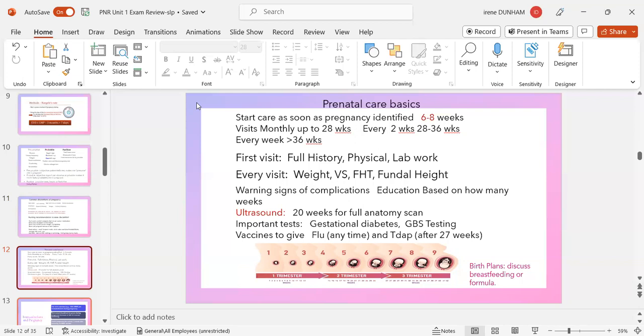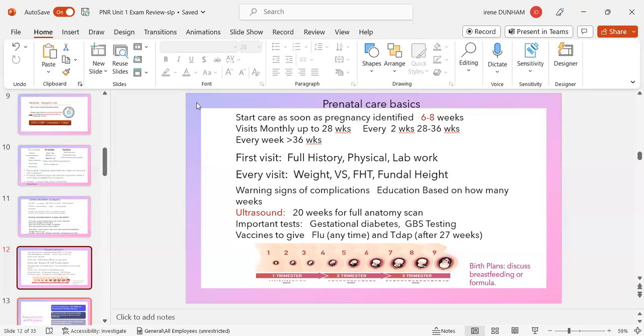The visits are monthly up to 28 weeks. And then every 2 weeks from 28 to 36 weeks. And then that last month, every week, greater than 36 weeks to whenever she delivers. That could be to term, 40 weeks, then we get to post-term at 41, and real late term at 42 weeks.